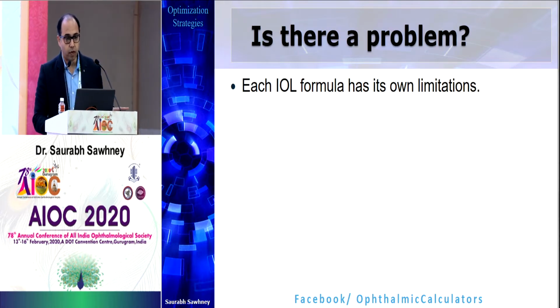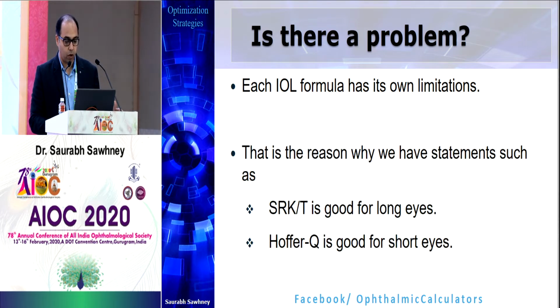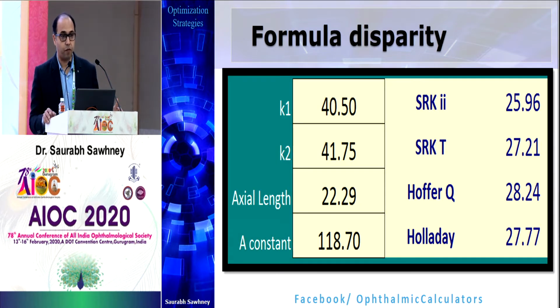Now we know that each IOL formula has its own limitations, and I'm going to give a small demonstration here of why these limitations lead on to statements such as SRK/T is good for a long eye or Hoffer Q is good for a short eye. The reason these statements are there is that if you were to put in the same values and calculate in a different formula, you might sometimes get markedly different results.